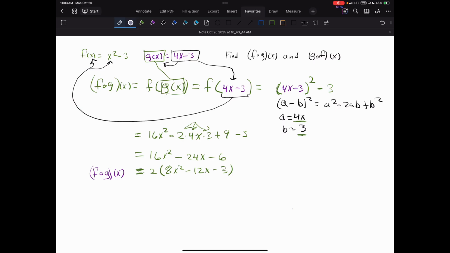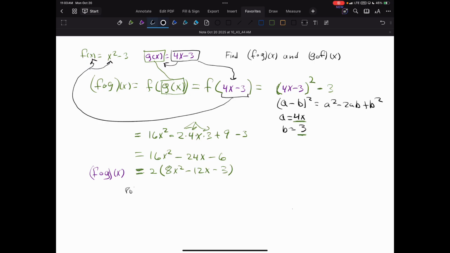Well, in this case, I don't have any fractional exponents, I don't have any radicals, and I don't have any rational functions. I don't have any division by x. And so, since this is a polynomial, all polynomials have a domain of negative infinity to infinity because they don't have any of those possibilities. And so in this case, it's really easy.